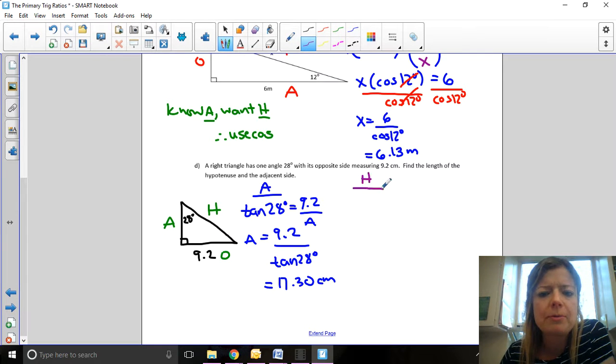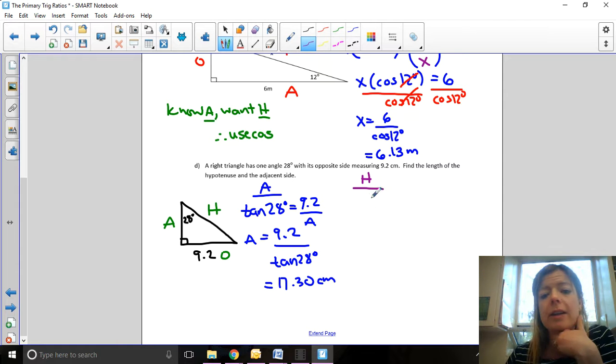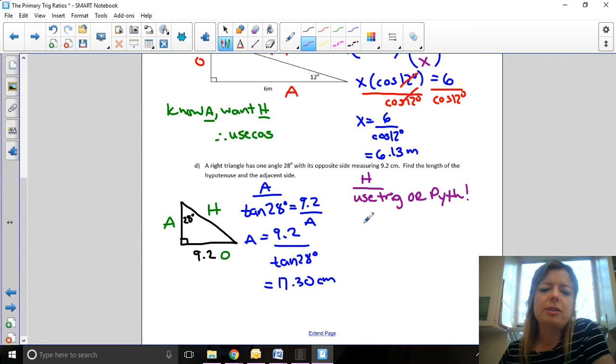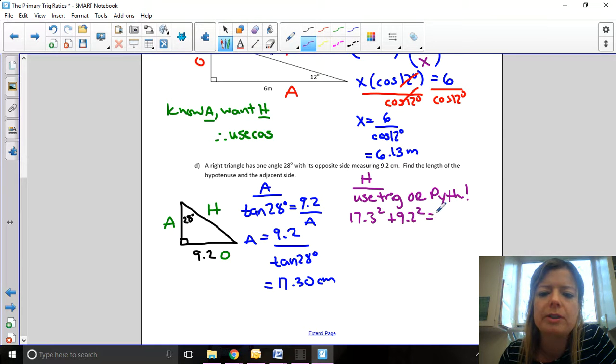Okay, so now I just need to find h. So I have two options. I can use trig, SOHCAHTOA, or I can use Pythagorean theorem. Because I know that this is 9.2, I know that this is 17.30. So I'm going to use Pythagorean theorem just because, why not? So that's 17.3 squared plus 9.2 squared equals h squared.